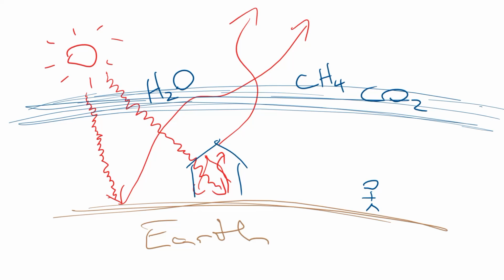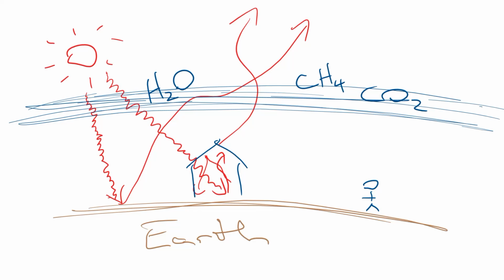So there are actually lots of different greenhouse gases. We go on about CO2 being the bad one. Oh my goodness, it's a greenhouse gas. There are others worse. Like methane is nearly 20 times worse of a greenhouse gas than CO2. But it's CO2 that we go on about because that's the one that we're pumping up into the atmosphere through burning of fossil fuels, which has, of course, led to the climate changing.